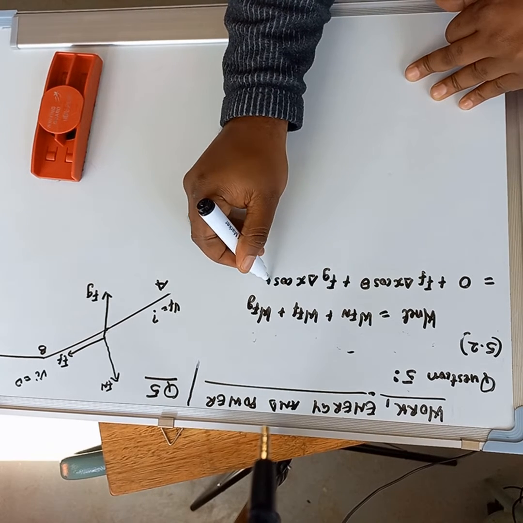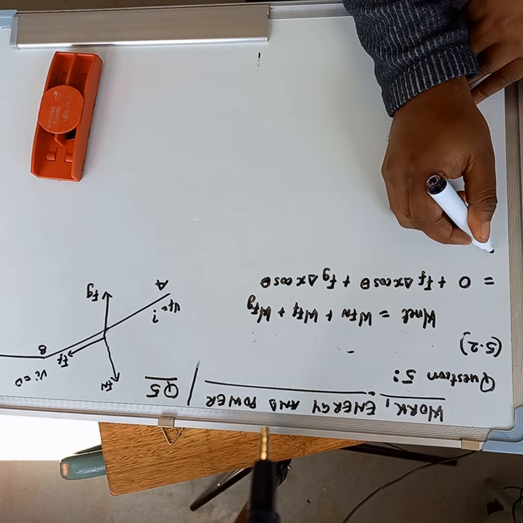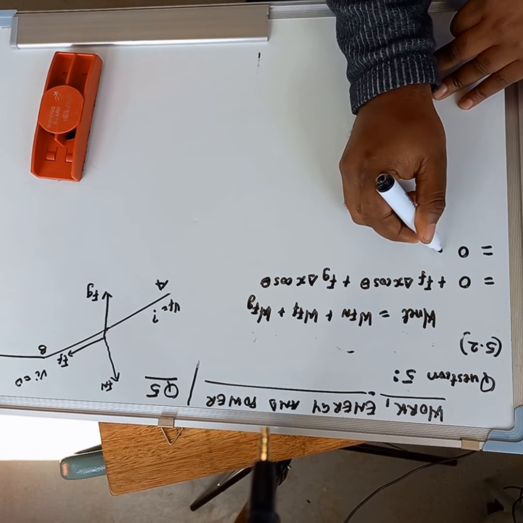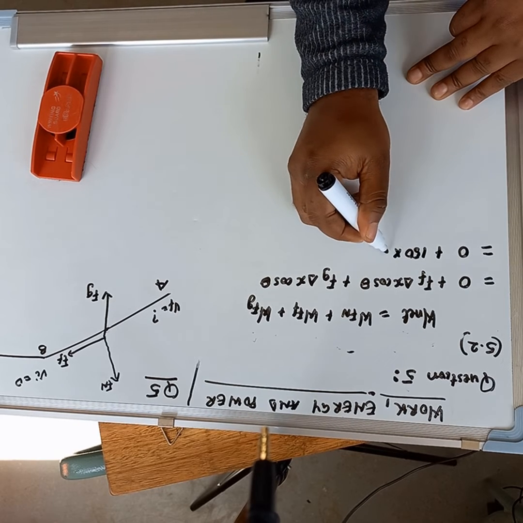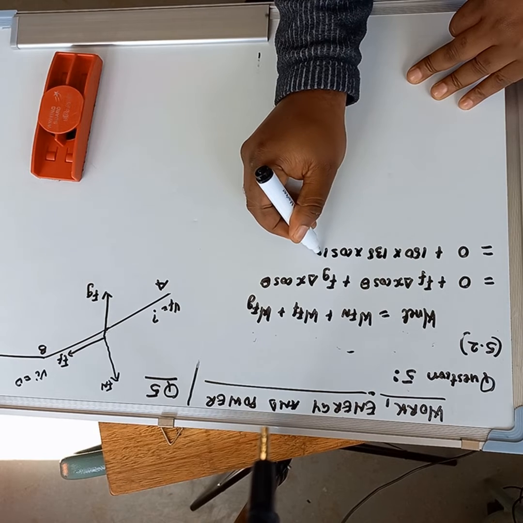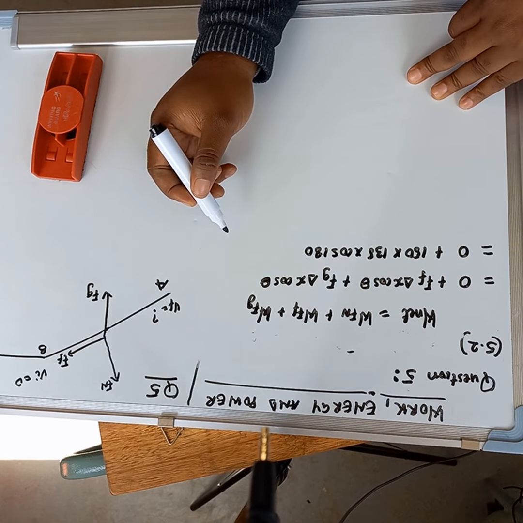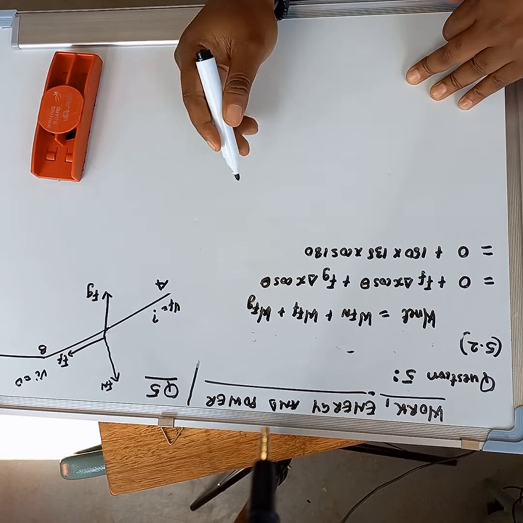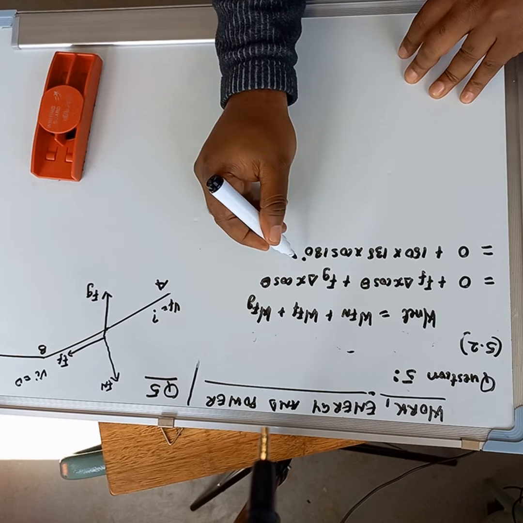If we do the substitution, this one is 0. Here we are given 150, multiplied by the displacement 135, times cos 180. The angle here is always 180 degrees for friction.